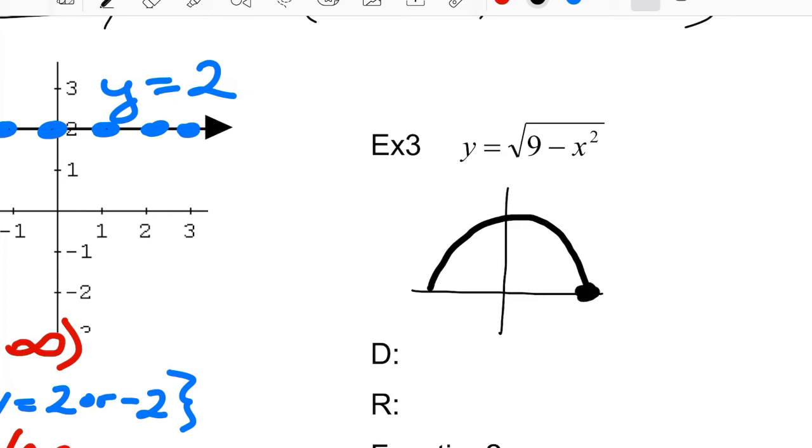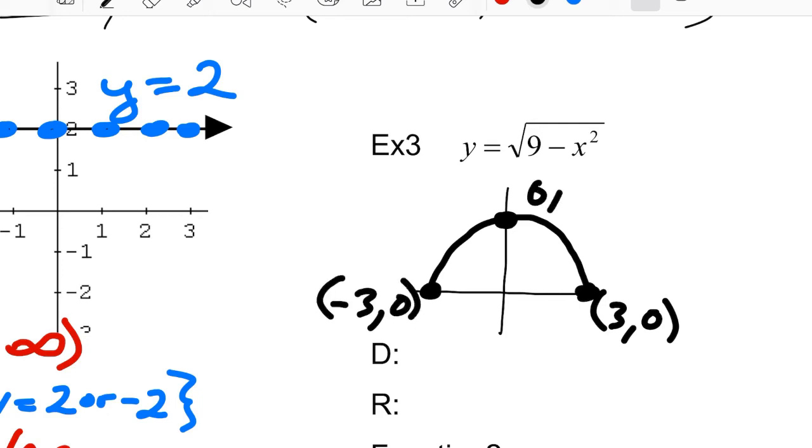Now, it's a semicircle that would have some points of importance. In fact, your eyes would most likely, not -3, but +3, kind of start at these points or maybe notice these points.